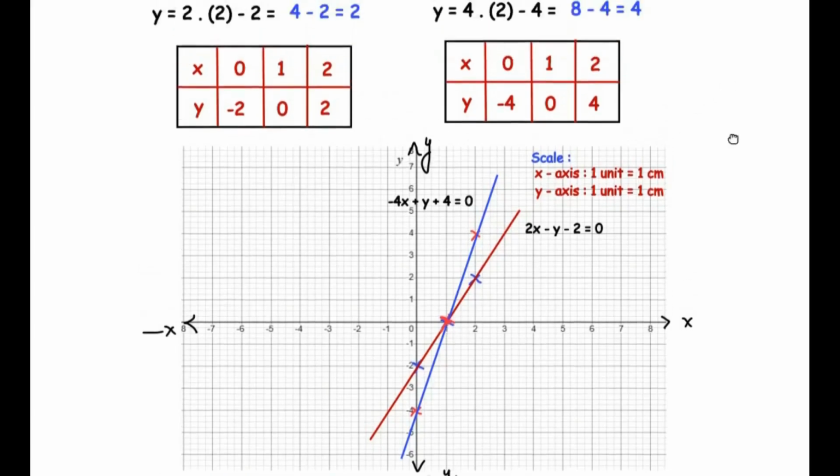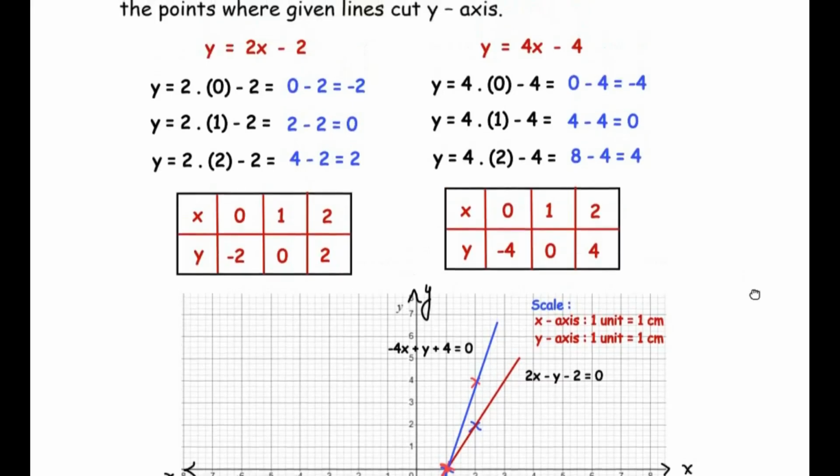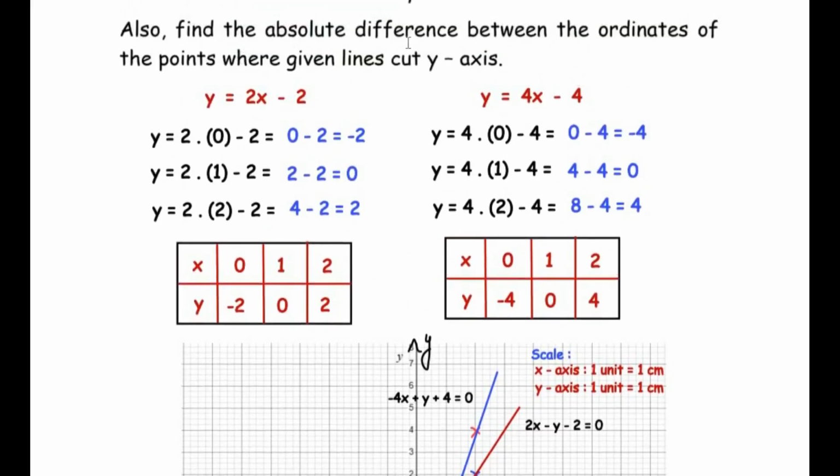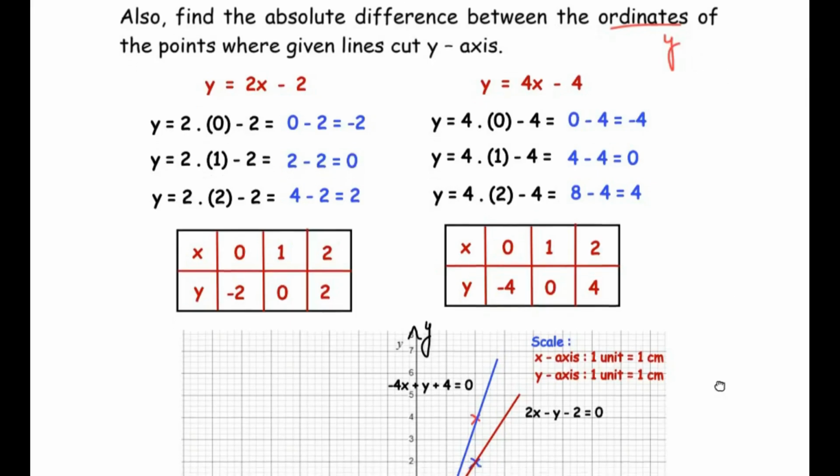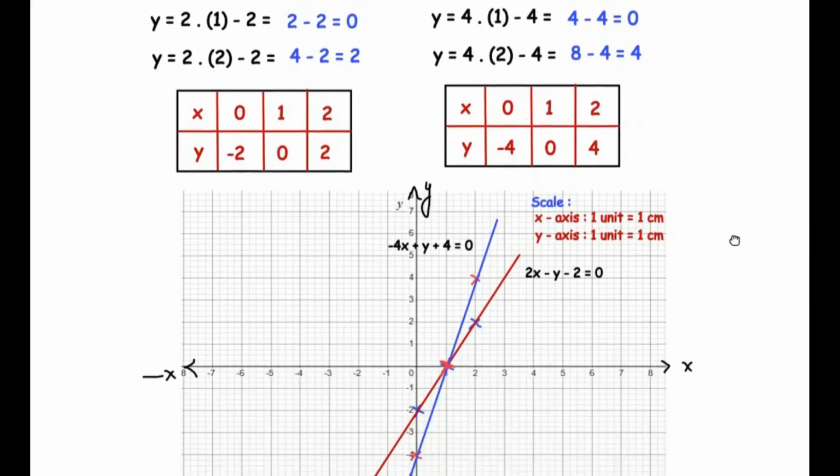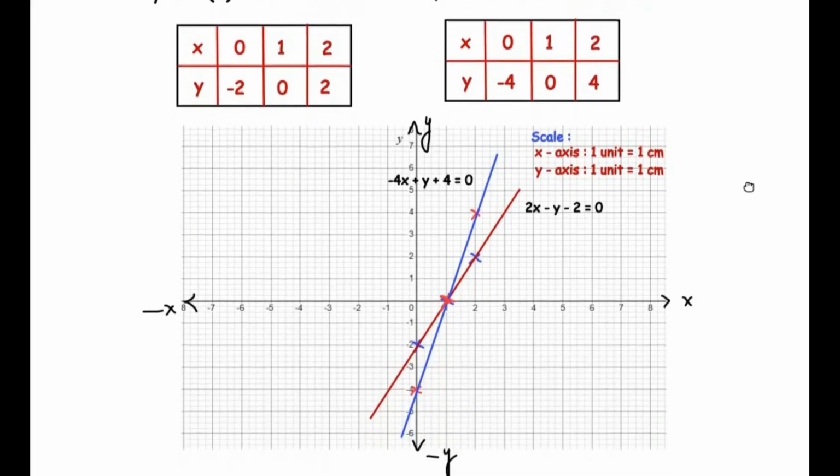Now in the question there was another part given, that is, also find the absolute difference between the ordinates of the points where the given lines cut the y-axis. Now ordinates means we have to check the y coordinates of the lines where they cut the y-axis. So here we can see that the two lines have cut the y-axis at 2 points.